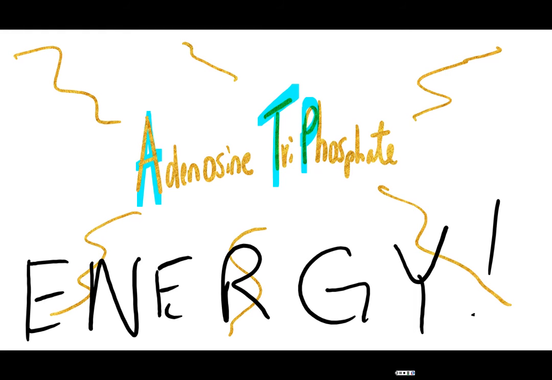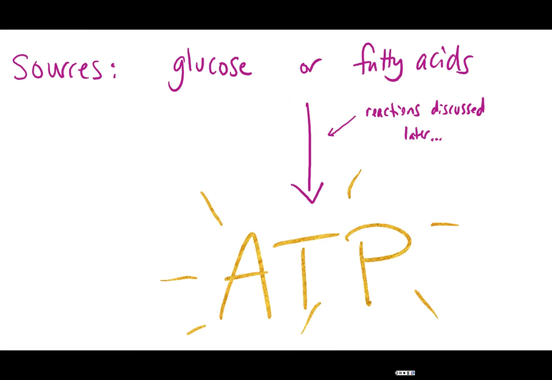Now, your ATP molecule is your energy molecule, and so a process that requires ATP means it requires energy. A process that makes ATP is a process that's making energy for use in the cell. We have already talked about the cell using carbohydrates or lipids, specifically glucose and fatty acids, to be our sources of energy. So what we will see is that the cell will break glucose down in order to make ATP.